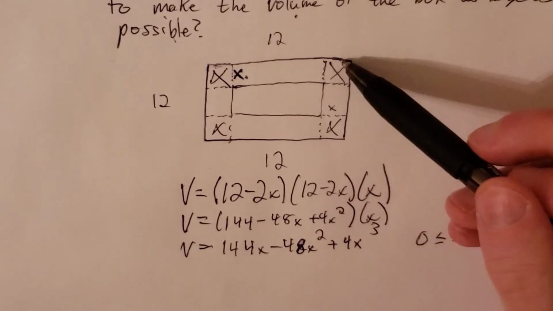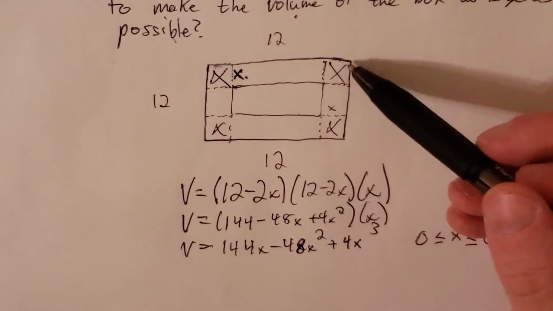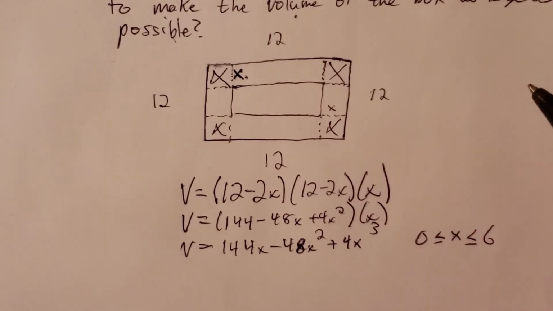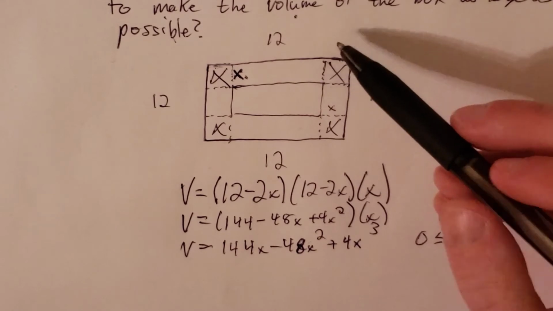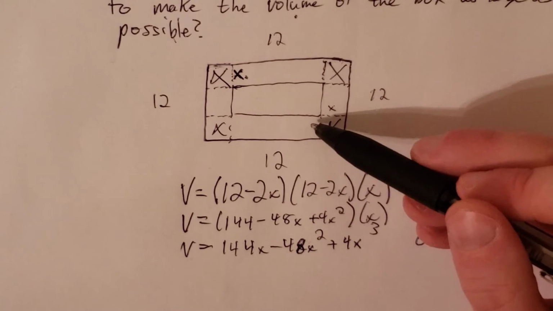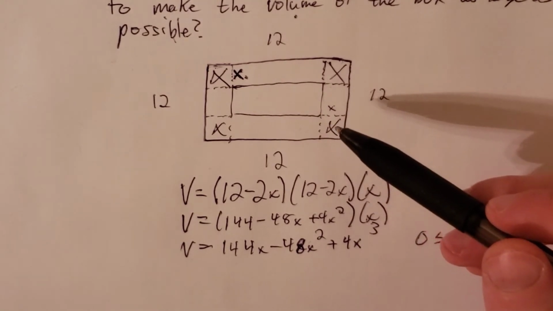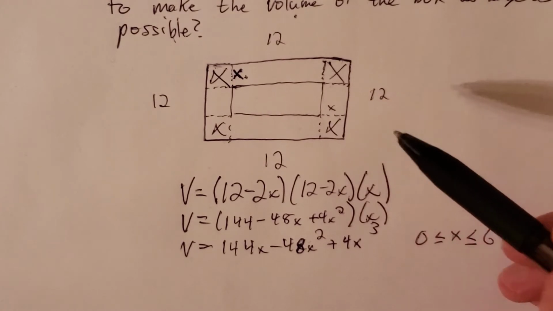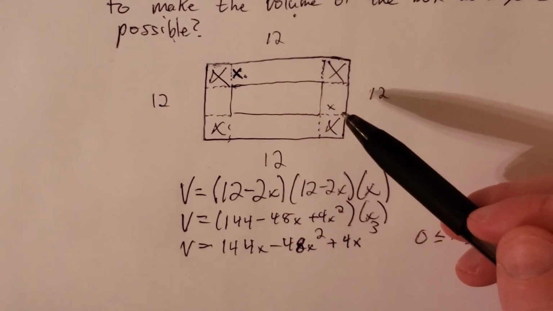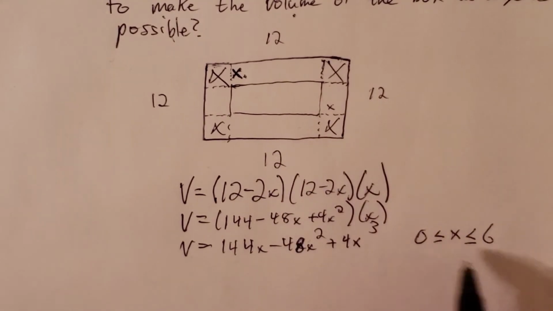If x is 0, that means we're not cutting anything out of the board, so we can't fold anything up, and you get a volume of 0. If we have a value of 6, that would make the squares 6 by 6, which means we would be cutting out the entire piece of tin, and so we'd again get a volume of 0. So x must be between 0 and 6.